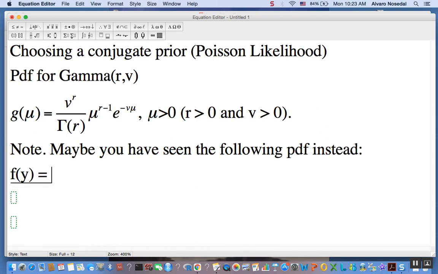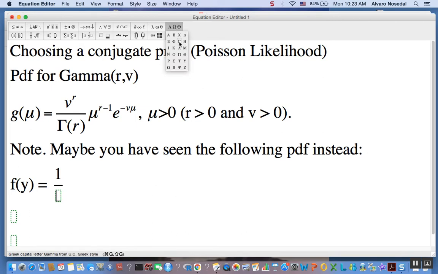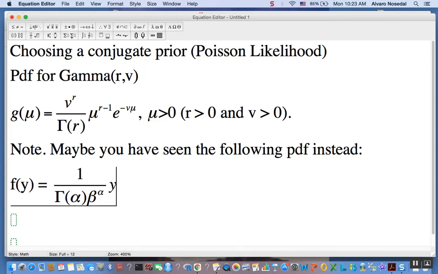Maybe what you have seen is something that looks like this: 1 over the gamma function evaluated at alpha times beta to the alpha power, times y to the alpha minus 1, times e to the negative y divided by beta.